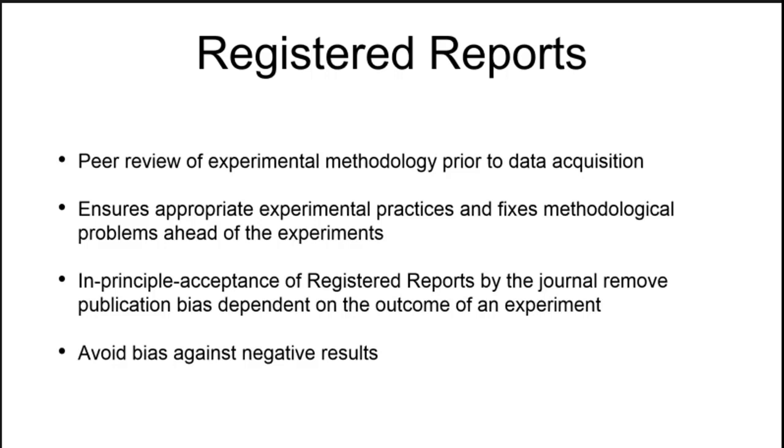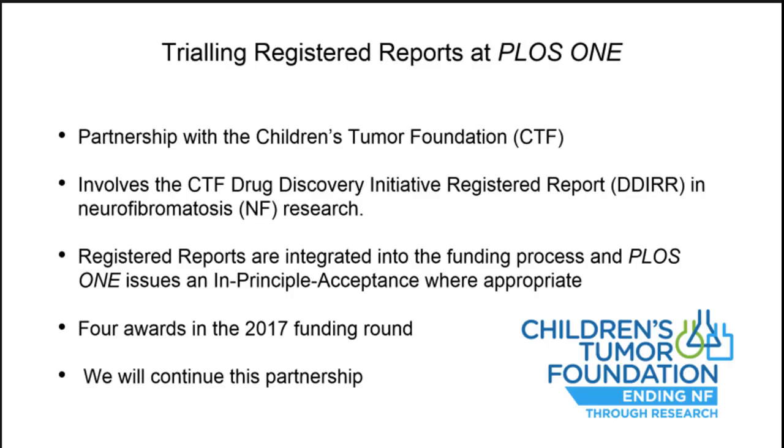And so this combats the bias against negative results. It's in particular a relevant scheme, for example, in clinical sciences or in other areas where you are testing hypotheses rather than more exploratory research.